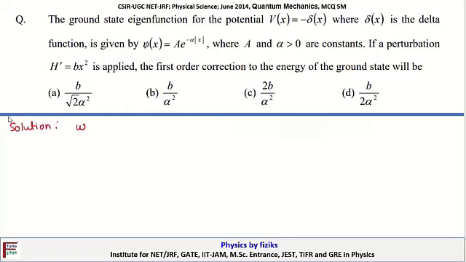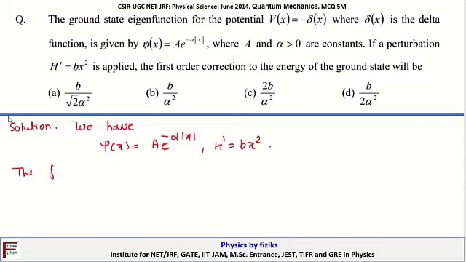We have psi of x equals A e to the power minus alpha mod x, where H dash is equal to Bx square.